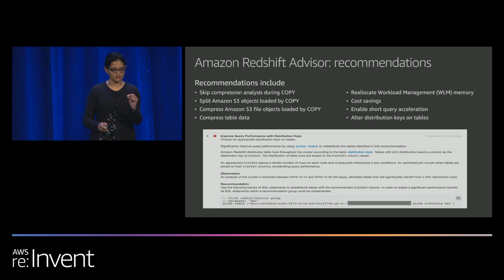Redshift Advisor looks through your query patterns, makes a recommendation on a distribution key, which is going to provide you optimal query performance. It will provide you an alter statement, and you can copy and execute that alter statement. If you have access to Redshift Advisor and you don't see any recommendation, you get a thumbs up and 5-star. That means you're implementing all the best practices.